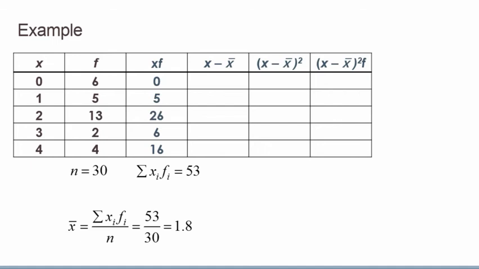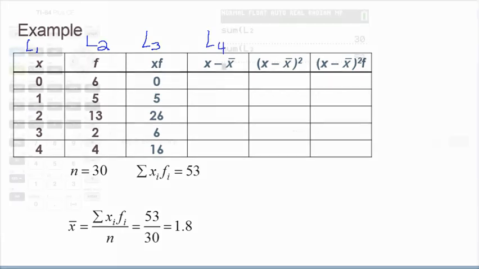Now that I know the mean, I can find my next column, which will be my data point minus my mean. So far, what we have is x in L1, my frequency in L2, x times f in L3, and I'm going to find x minus the mean in L4.